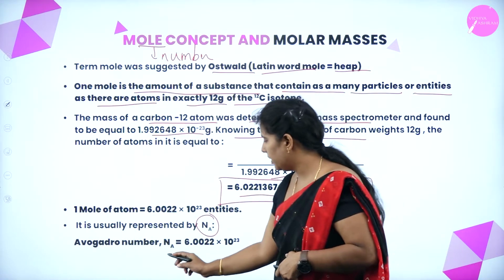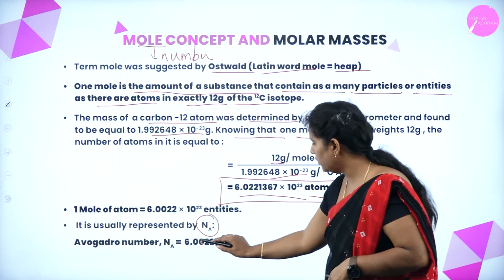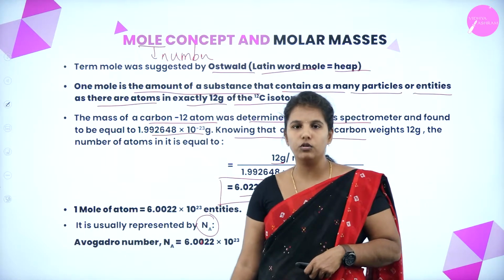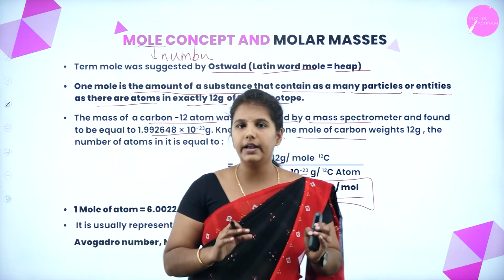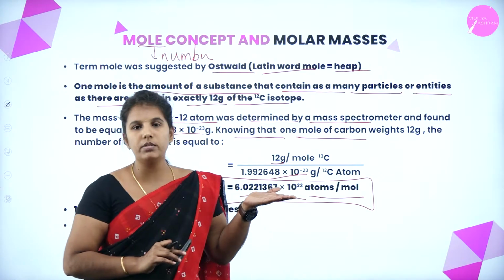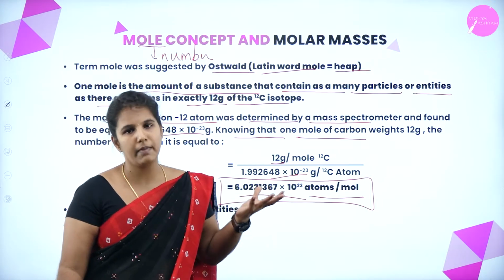So, Avogadro number, Na, is equal to 6.022 × 10^23 atoms per mole. This idea was given by the scientific community just to count the number of microscopic entities found in matter.